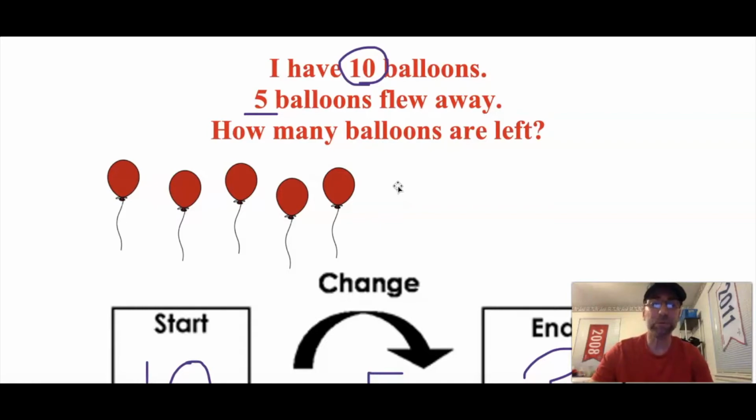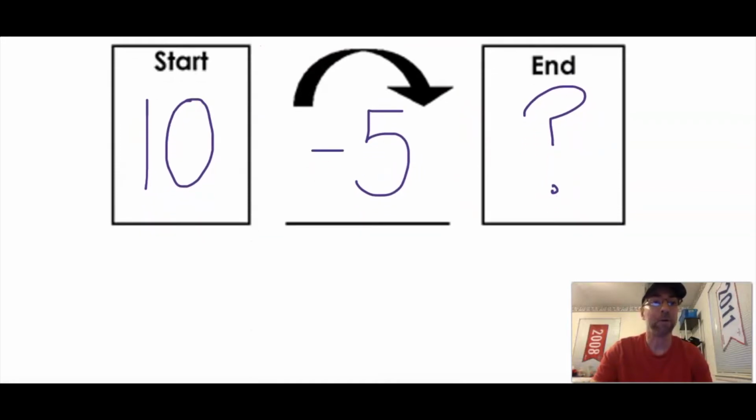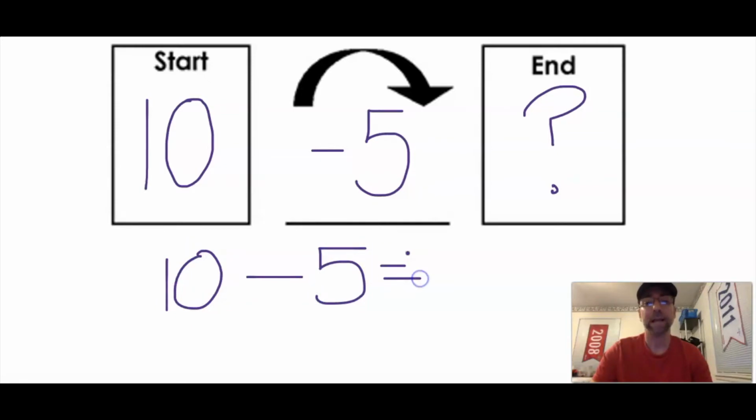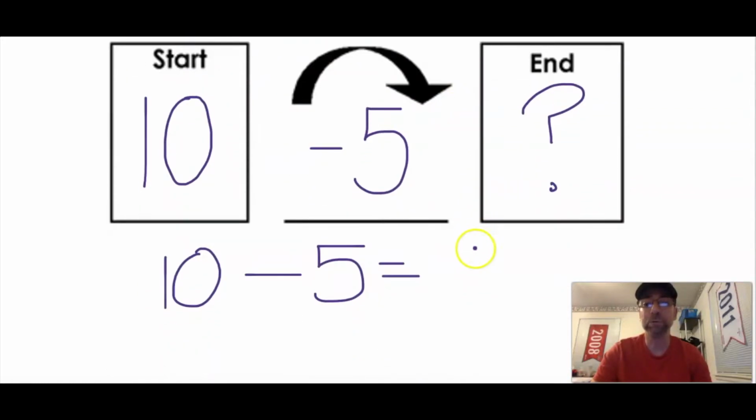How many balloons are left? How many balloons did not fly away? 1, 2, 3, 4, 5. You might be able to see our number model. 10 minus 5 equals, and our picture showed it equaled 5 balloons left.